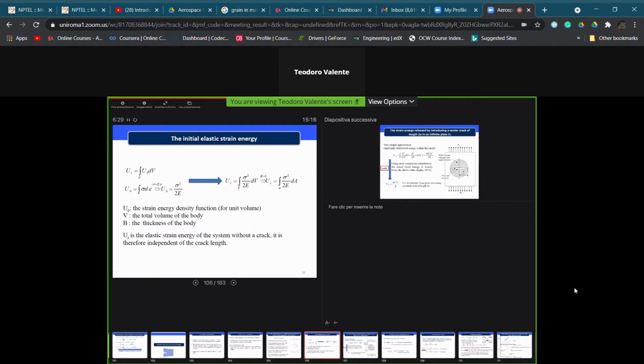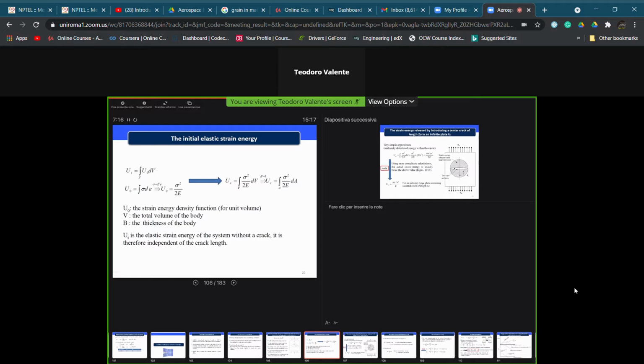We can calculate the quantities presented in this very simple equation, because we can remember that if we define, for example, U0 as the strain energy density function, that is, the strain energy density per unit volume of our specimen, this is obtained just by considering the area under the stress-strain diagram up to the elastic behavior, that is, up to the point in which the Hooke law works.